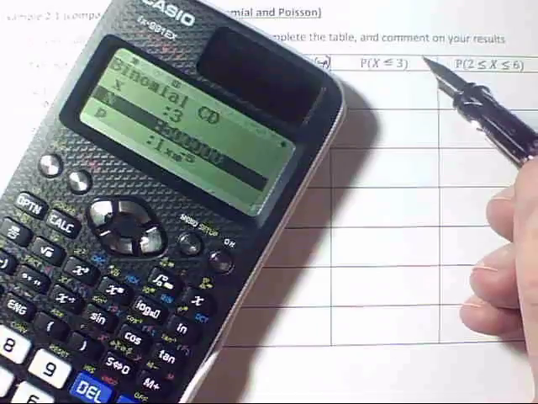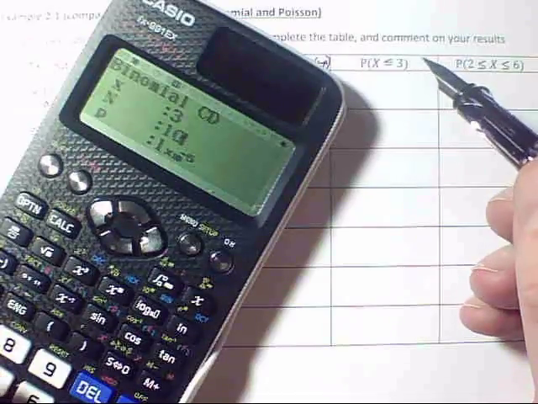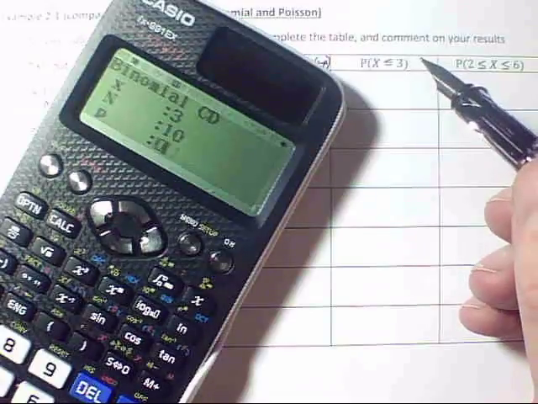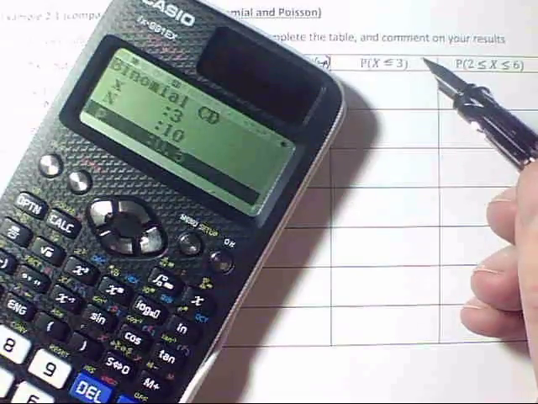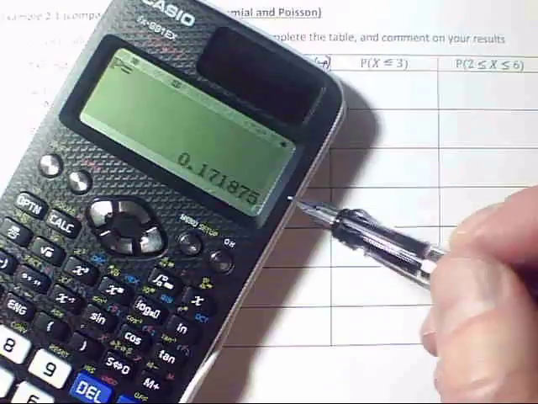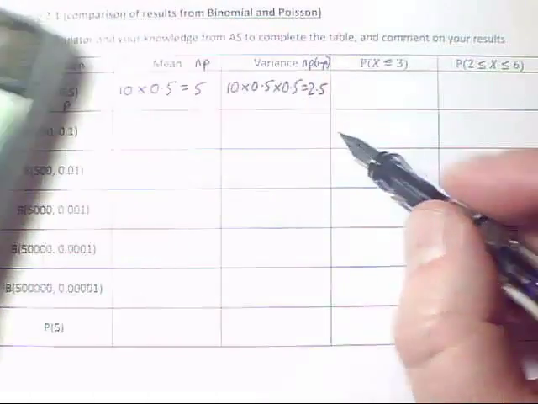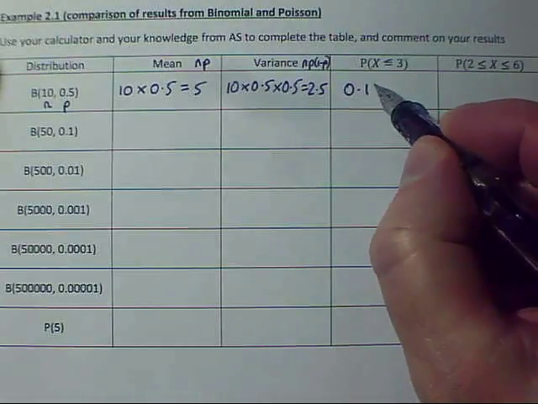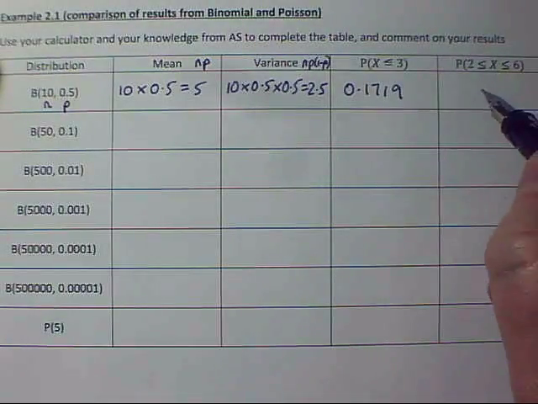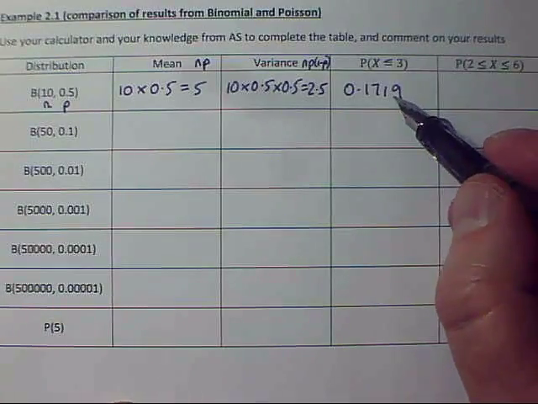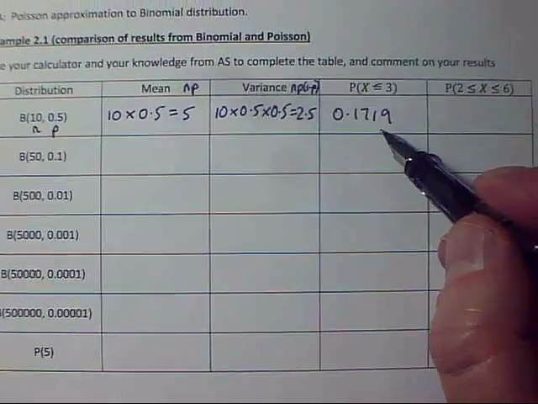I want n to be 10, and I want p to be 0.5. And it's telling me the probability of being less than or equal to 3 is 0.1719.